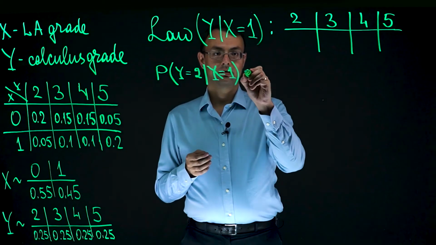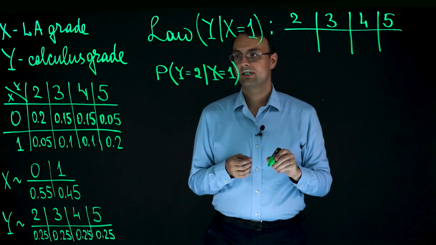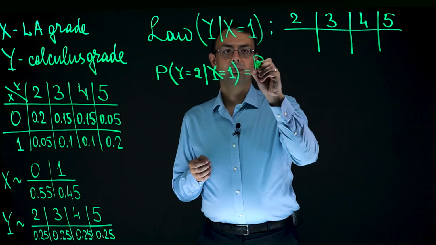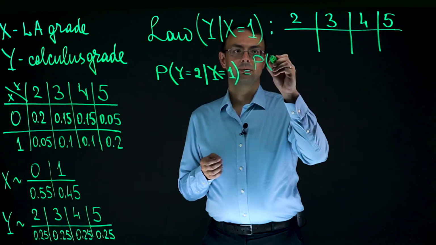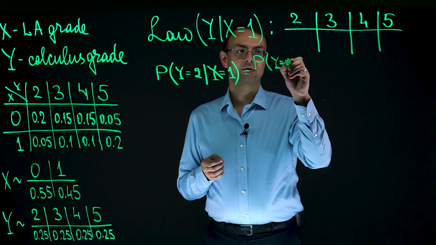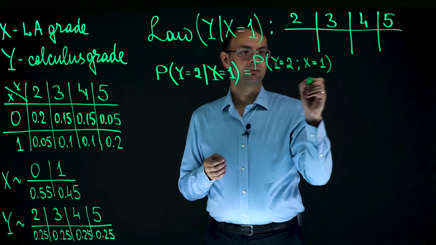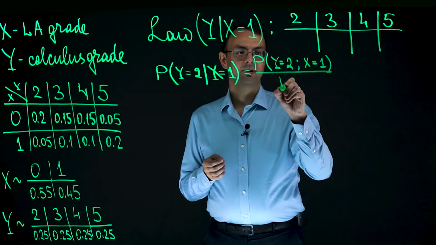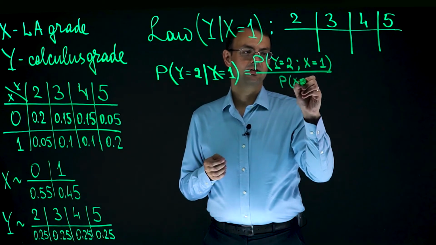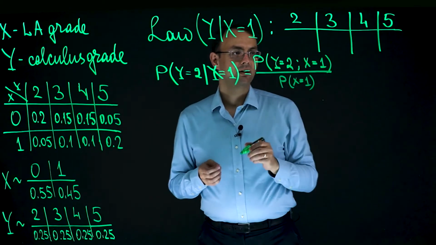According to the definition of conditional probability, this is the probability of the intersection, so the probability that y is 2 and x is 1 at the same time, divided by the probability that x is 1.